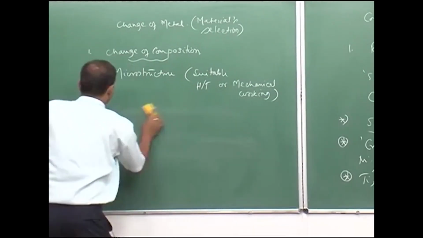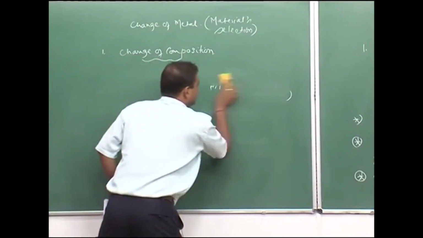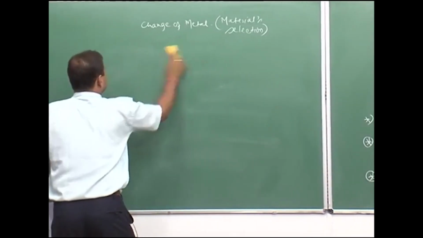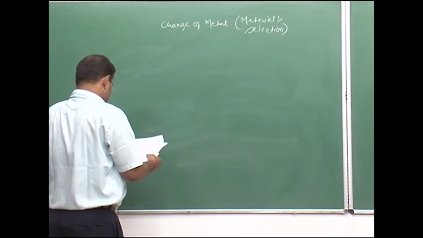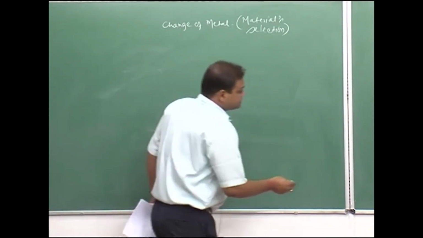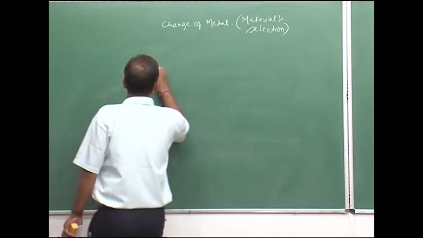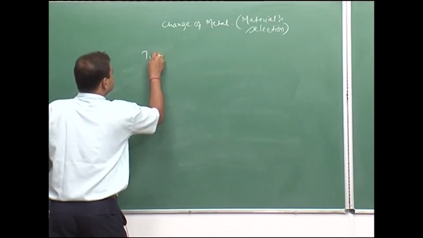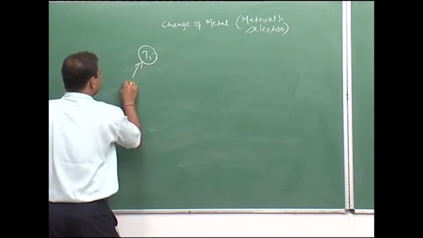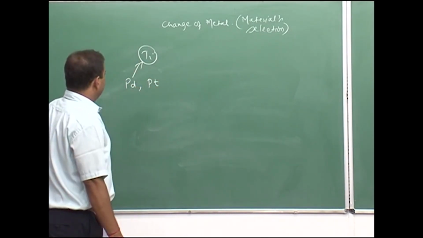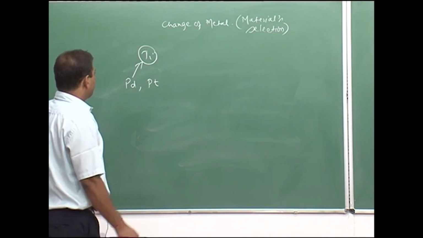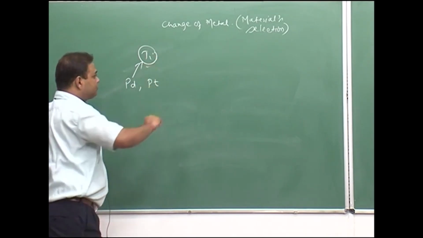Let us also see one more important effect, that is, if we alloy titanium with palladium or platinum, those are the noble metals. So, this is noble metal, for example, titanium. In case of titanium, if we add palladium or platinum, we can see that the corrosion resistance of titanium improves.